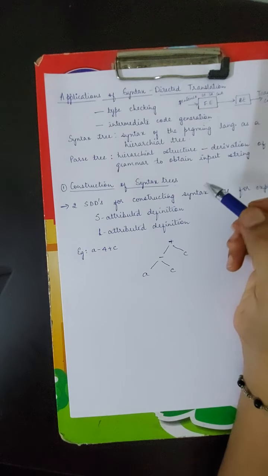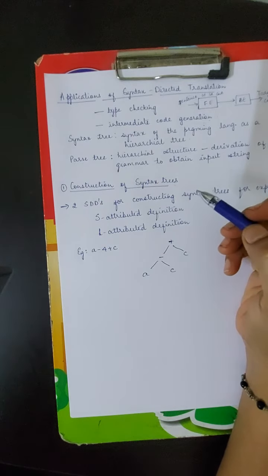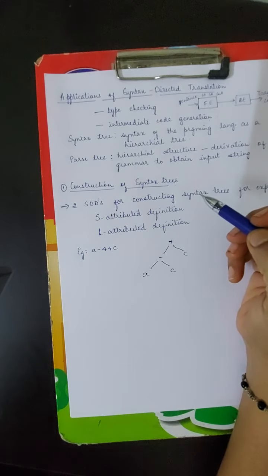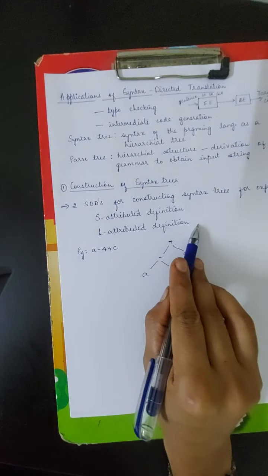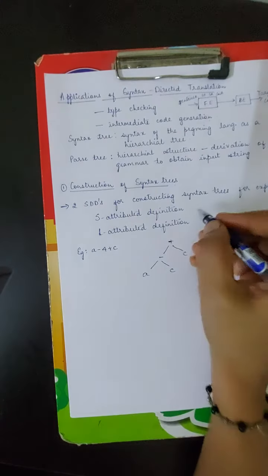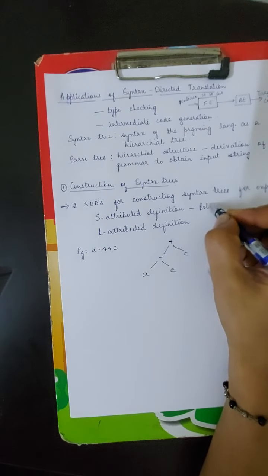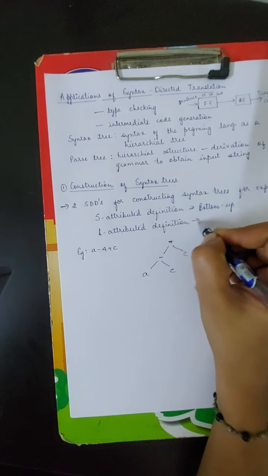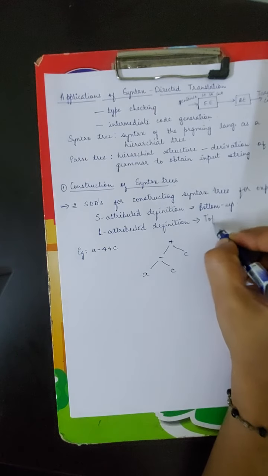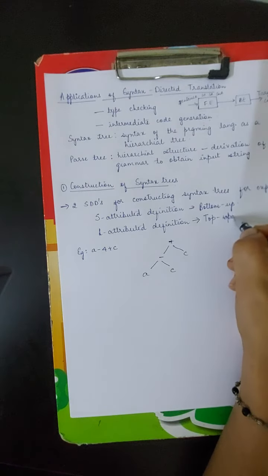We will be using two types of syntax directed definitions over here for construction of syntax trees. The first one is S attributed definition SDD and the second is L attributed definition SDD. S attributed SDD is used for construction of syntax tree that uses bottom up parsing method, whereas L attributed SDD is used for construction of syntax trees that uses top down parsing method.